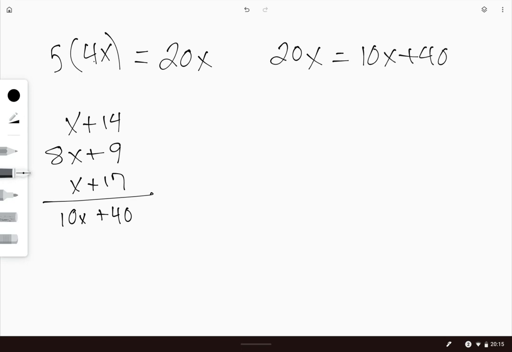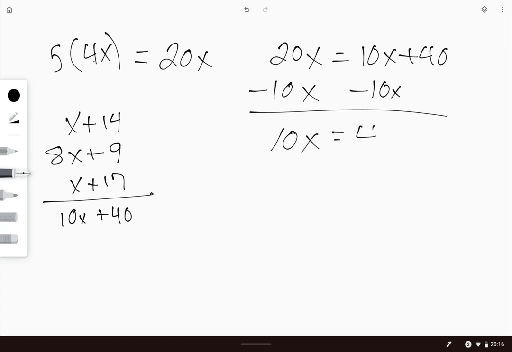So now I can solve for the value of x when both perimeters will be the same. I'll subtract 10x from both sides. So 20x minus 10x equals 10x. So 10x equals 40. Divide both sides by 10, and x equals 4. However, the remainder of the problem says to find the perimeter.